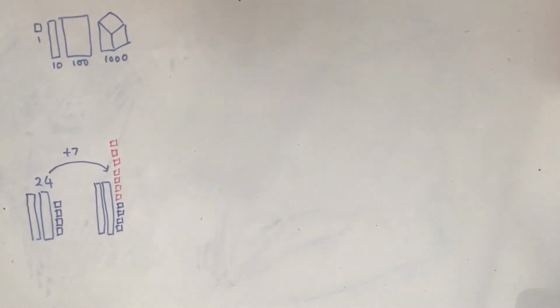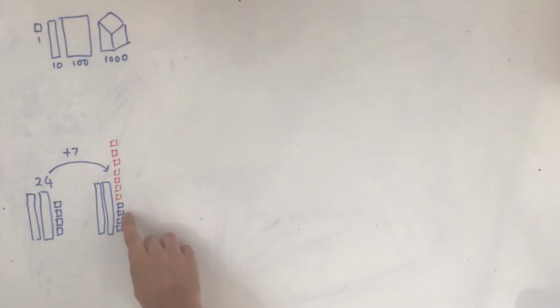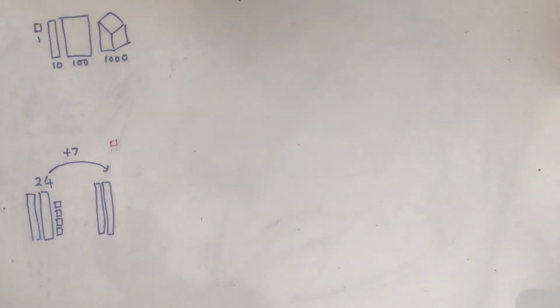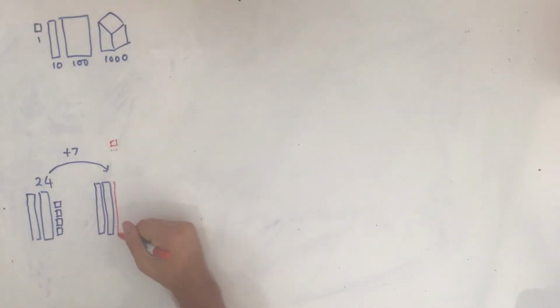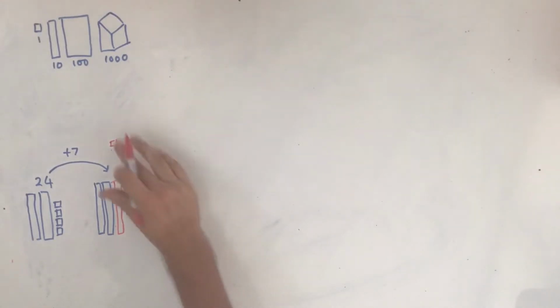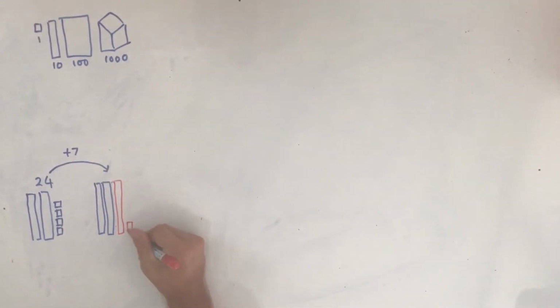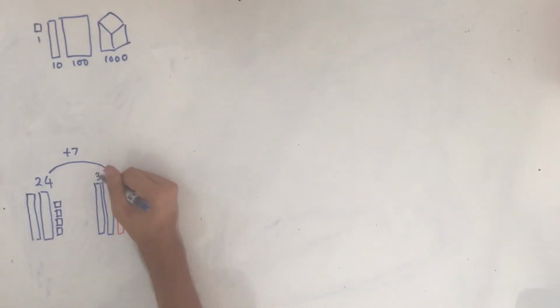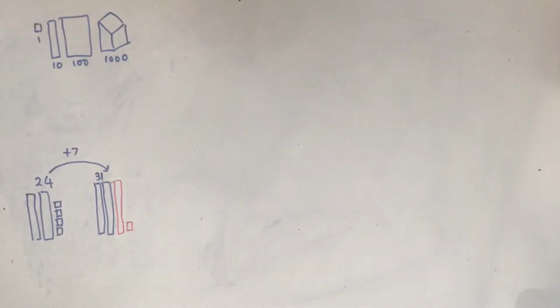And just like when we used the concrete blocks, I'm going to exchange a 10 for 10 ones. 1, 2, 3, 4, 5, 6, 7, 8, 9, 10. I'm going to erase those, and I'm going to draw a new 10 instead, because that's much easier to count. I'm just going to pop my 1 down there. So now I've got 10, 20, 30, and 31. So I can see my first number in my sequence is 31.